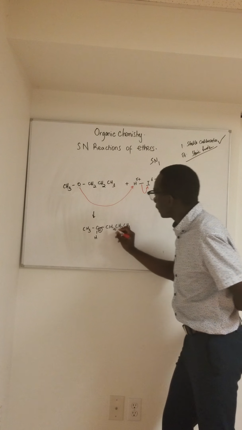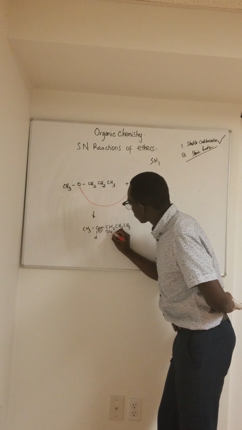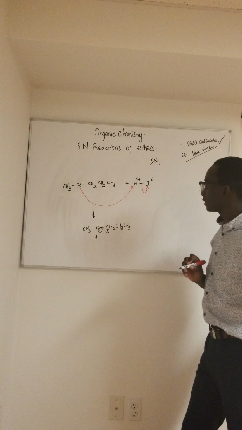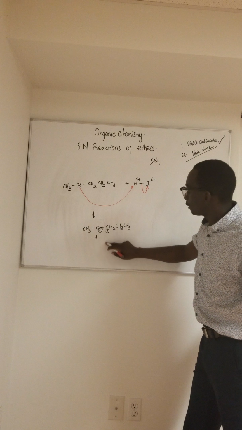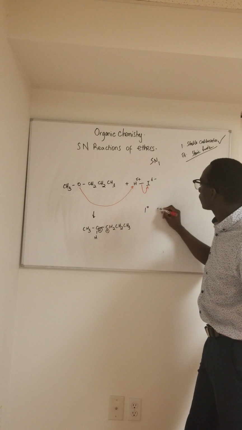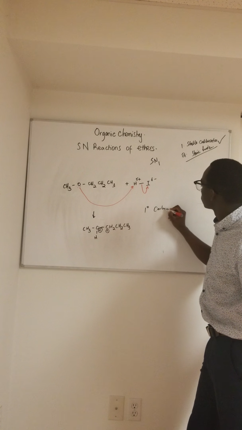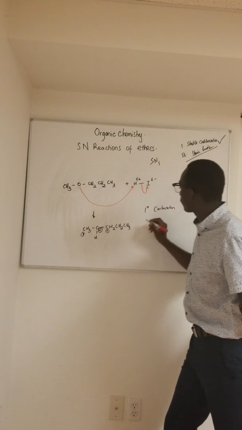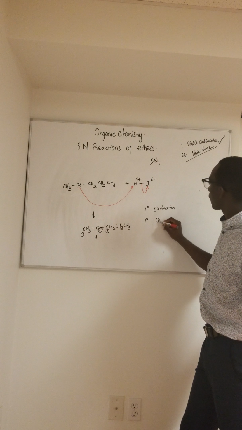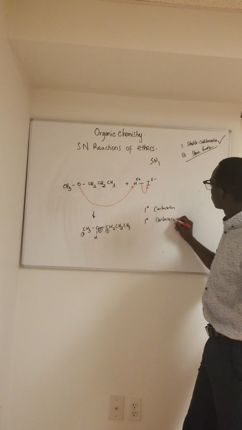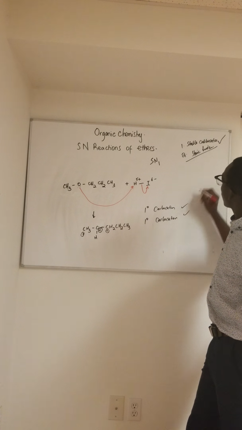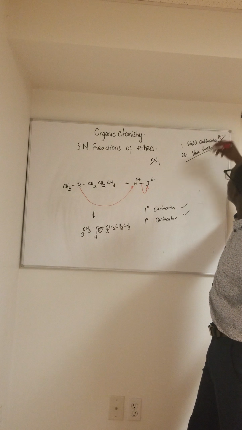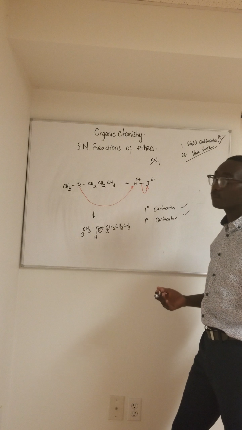If this carbon gets a positive charge, it's a primary carbocation. The same applies to this carbon. So both will form primary carbocations. So carbocation stability is out of the way because they both form the same.